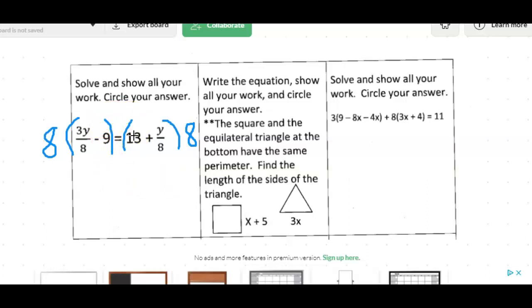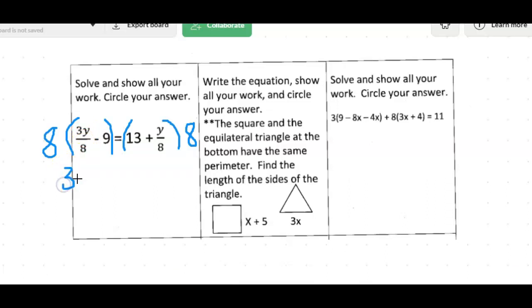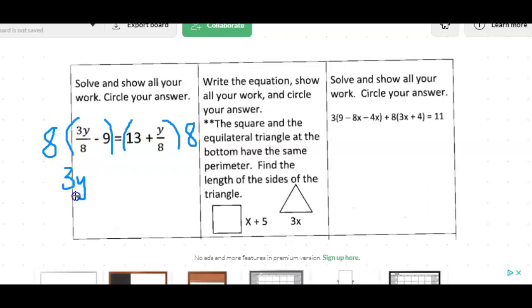But what's going to happen is when you multiply 8 times 3y divided by 8, it's just going to simplify to 3y. You just got rid of the fraction, because 8 divided by 8 simplifies to 1, and you're left with a 3y. If I did this step, then I'm going to have minus 72, equals, and then 8 times 13, if you do that math, I believe it comes out to 104.